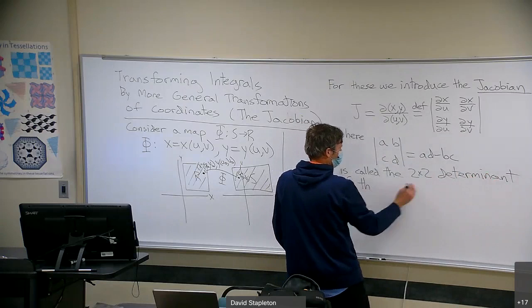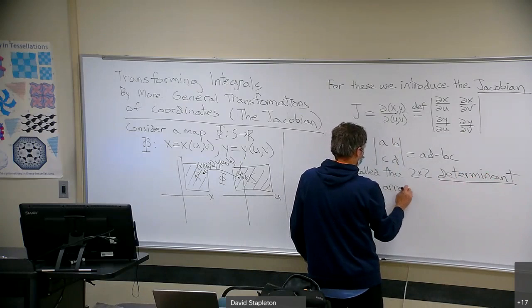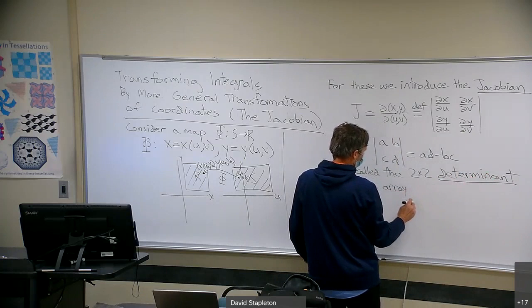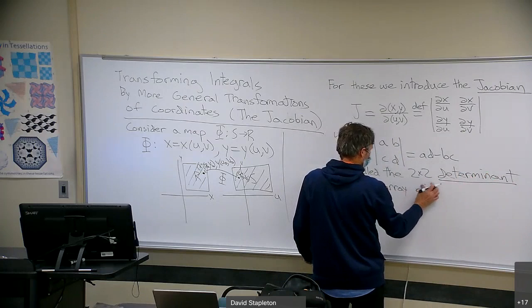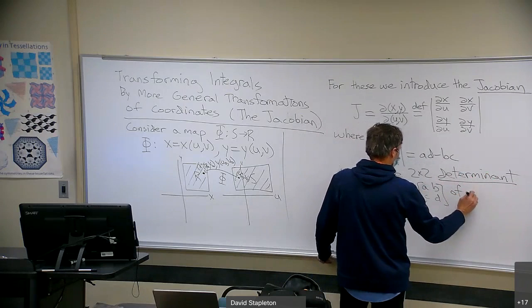So it's called the 2x2 determinant of the array or matrix of numbers C, D of numbers.